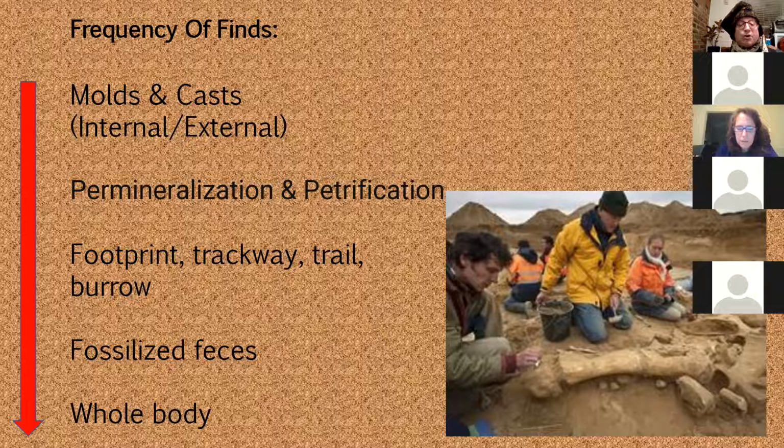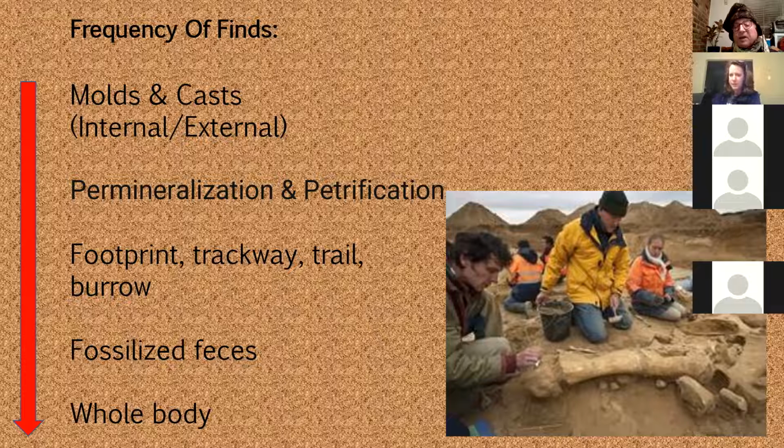The number 2 most prevalent here is permineralization and petrification, which I will explain. And on the right, you have a photo of some paleontologists digging up and cleaning off some petrified bones.